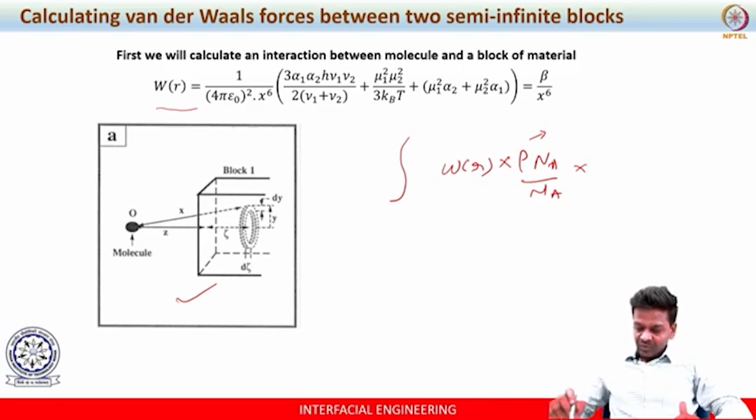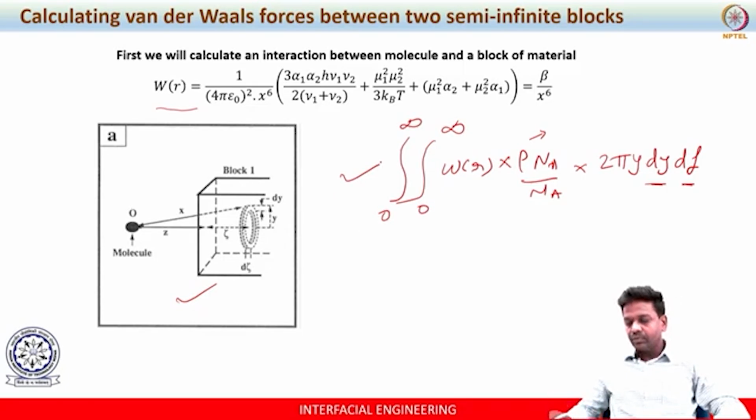In this case, dV is simply 2 pi y dy d zeta. Zeta is just a simple name, you can name it any letter. Since we have dy and d zeta, there will be two integrals, going from 0 to infinity, 0 to infinity in this case.